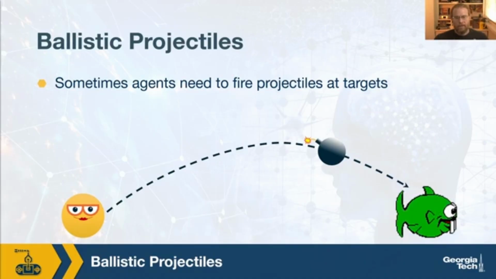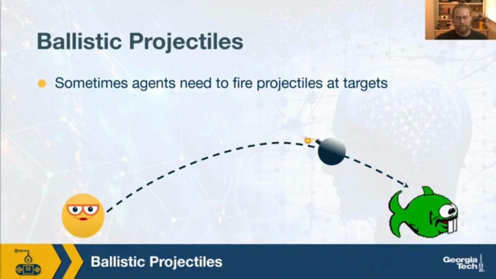So our agents sometimes need to be able to fire these projectiles, and we need to figure out a way to get the agent to aim such that the projectile ends up at the right place. Now, these are ballistic projectiles. That means that in terms of the simulation, the projectile is picking up all of its velocity in one single time step.